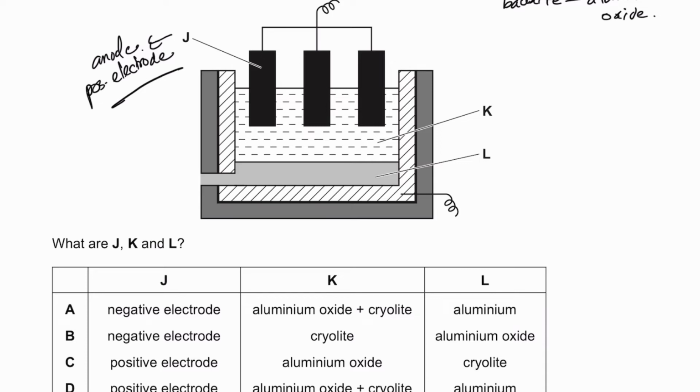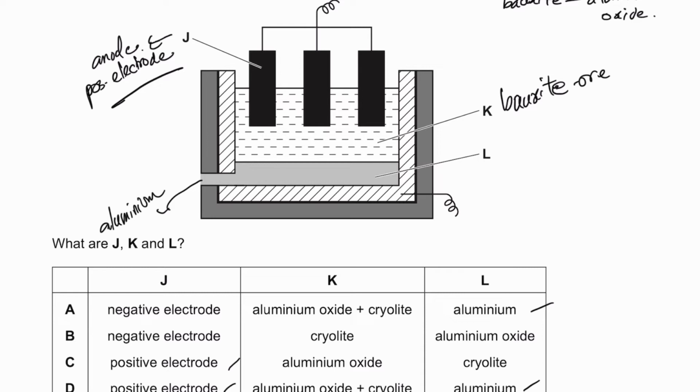Then we have K, which is going to be bauxite, the ore, and finally we're going to have aluminum.